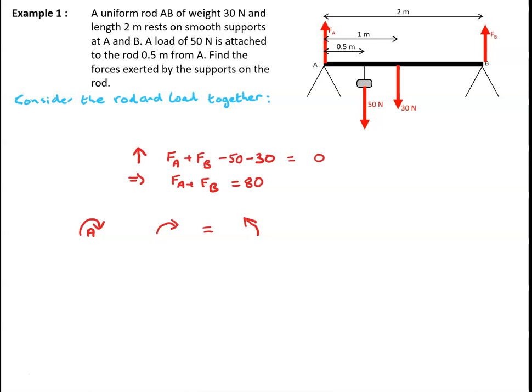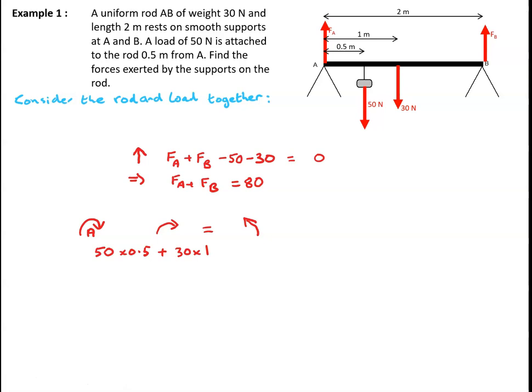The 50 newton force gives a clockwise moment of 50 times 0.5 about A, and the 30 newton force gives a clockwise moment of 30 times 1 about A. So the clockwise moments are 50 times 0.5 plus 30 times 1.